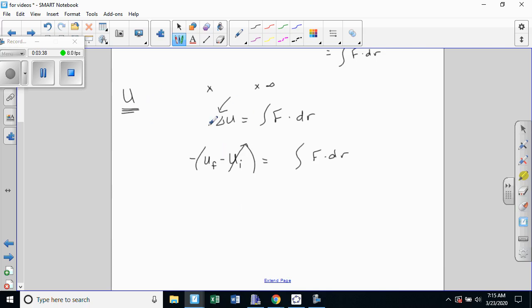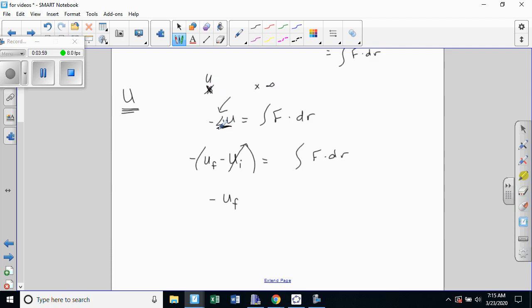So now I can take this delta U and write it as minus the final potential energy. I'm taking this particle from really far off and bringing it to this position right here, and I want to know just how much potential energy it has at a certain position.